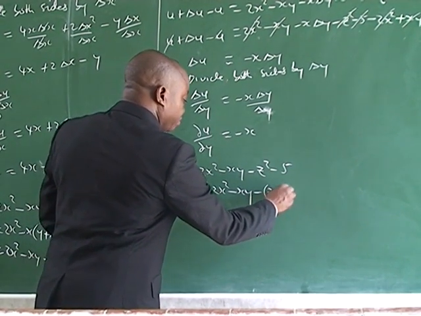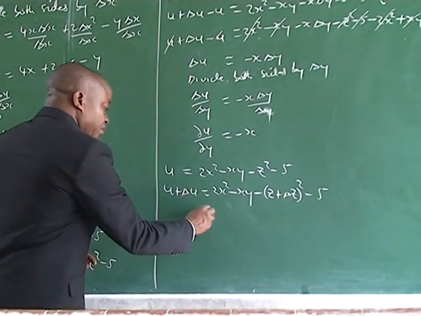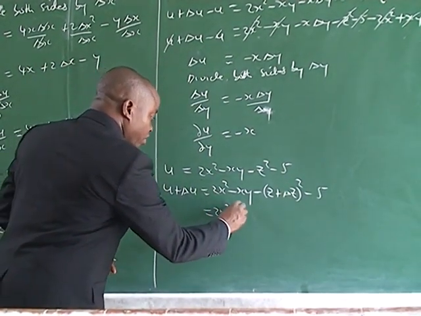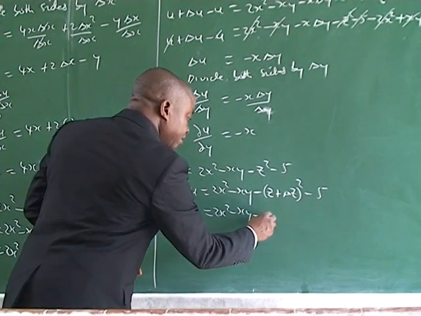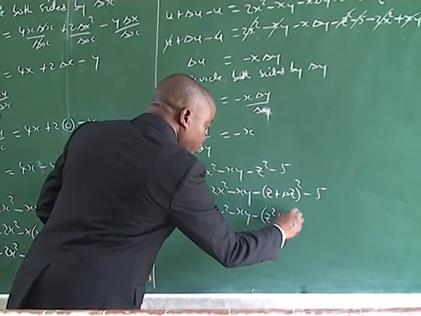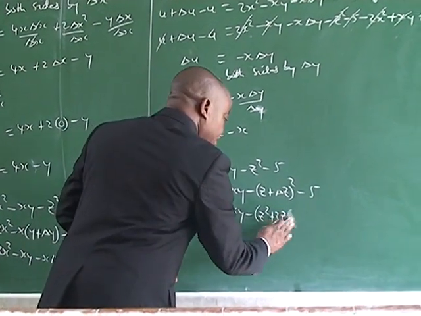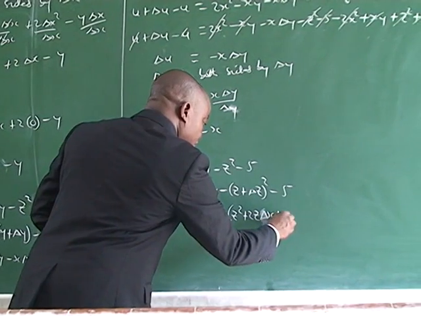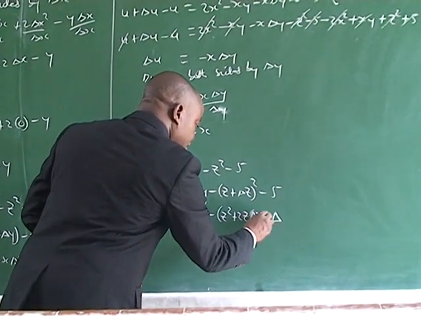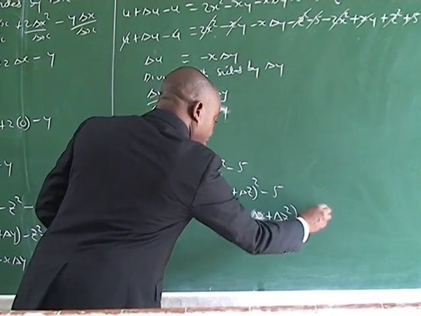We will have z plus change in z squared minus 5, which is the same as x squared minus xy minus z squared plus 2z change in z plus change in z squared, minus 5.